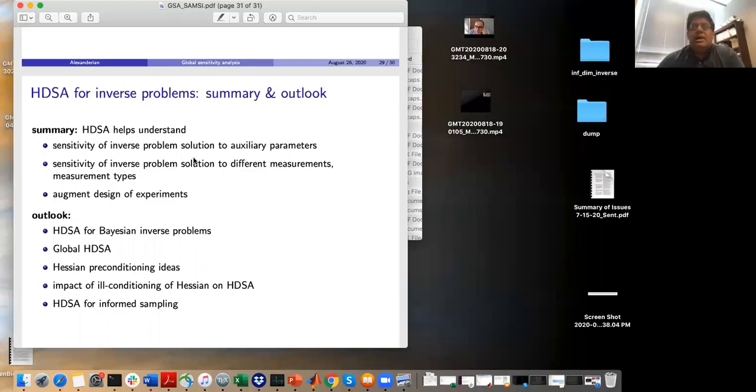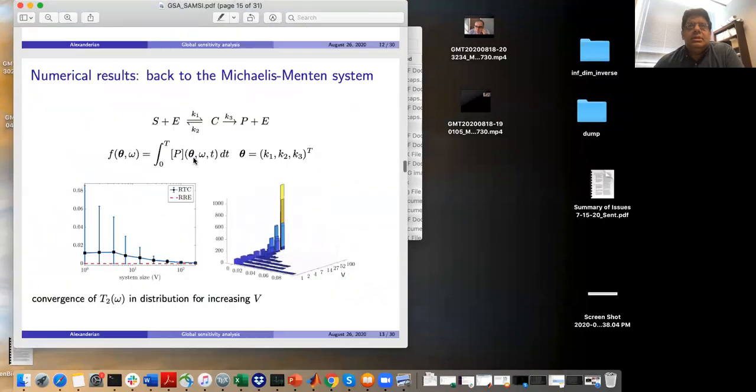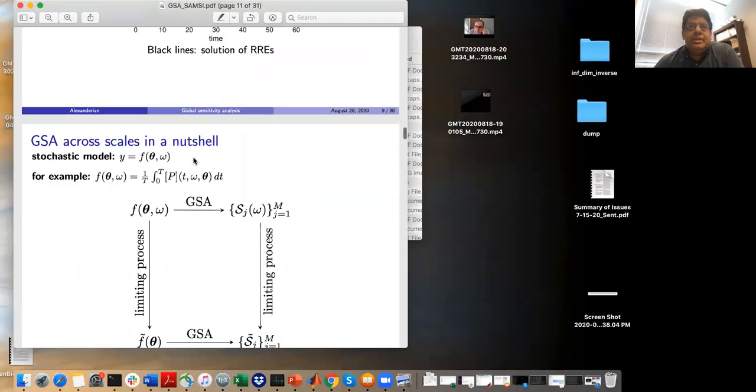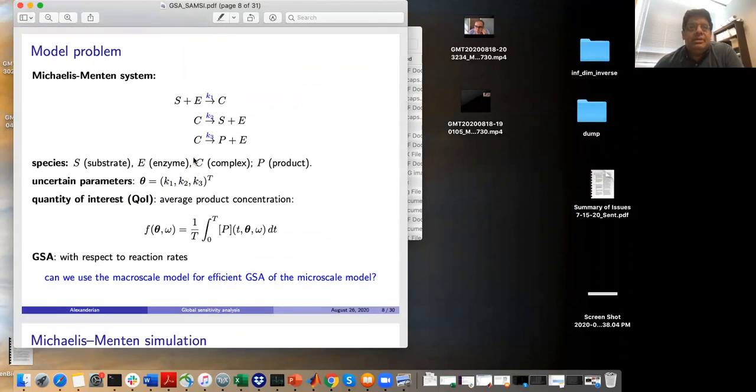So maybe I'll add a question in here, Alen, which is more of a clarification. You go to the Michaelis-Menten slide in part 1. You talked about stochasticity before that, but with the QOI, when you did the average product concentration, you're running the Michaelis-Menten model as ODEs from the law of mass action.